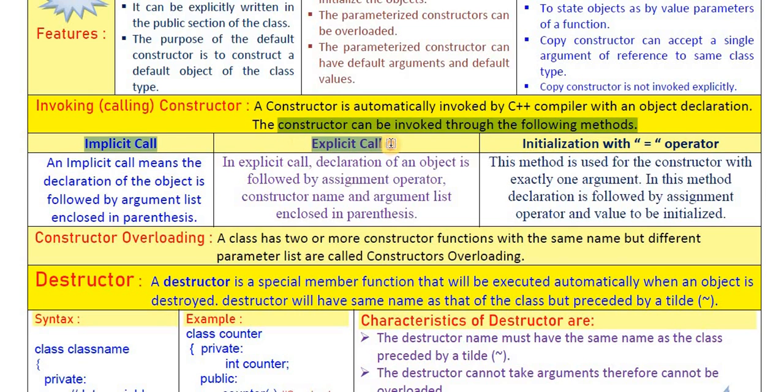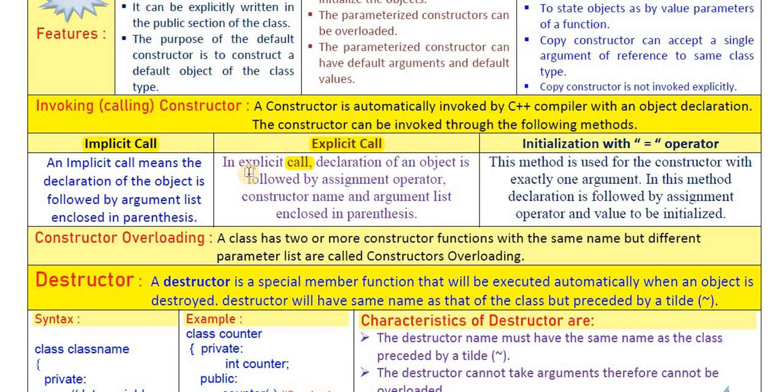Next is the explicit call. Explicit call means we have to use the name of the constructor. In an implicit call, we are not using the name of the constructor. Without using the name of the constructor, we call it by just giving values to the objects. But in an explicit call, the constructor name is used.